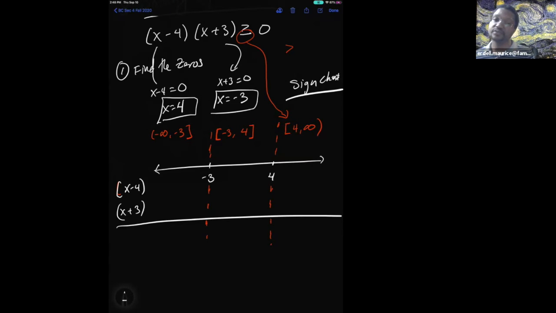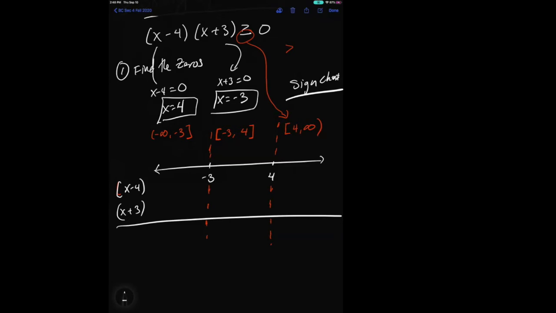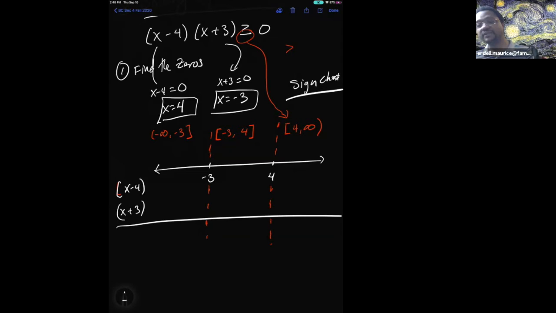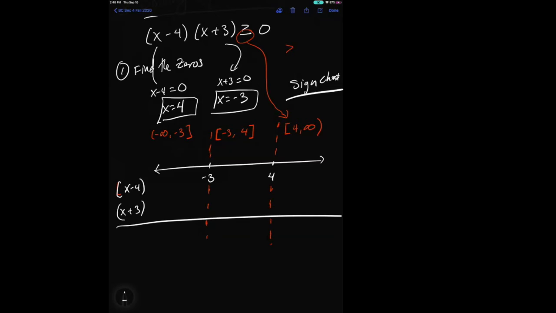So my question to you is, if I take any number between negative infinity and negative 3, and plug it into x minus 4, will my answer be negative or positive? Negative.